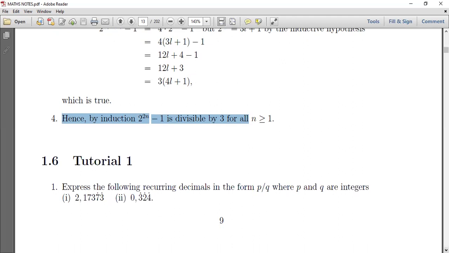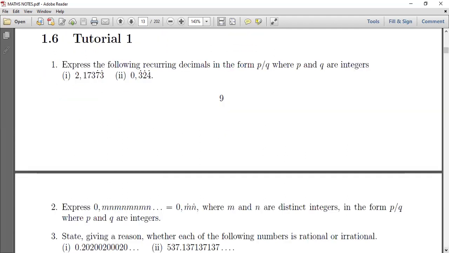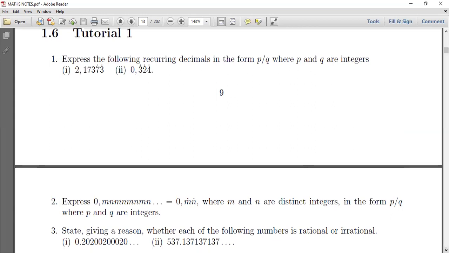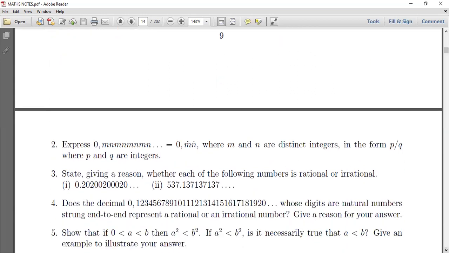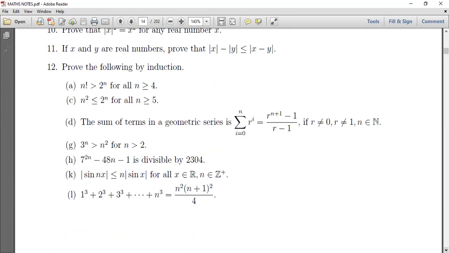Then next, there's a tutorial. Tutorials are for you. So you have to make use of these tutorials to help you to practice. I am available if you face any challenges through these tutorials. So you go through all these questions. They include the number system and proof by induction.